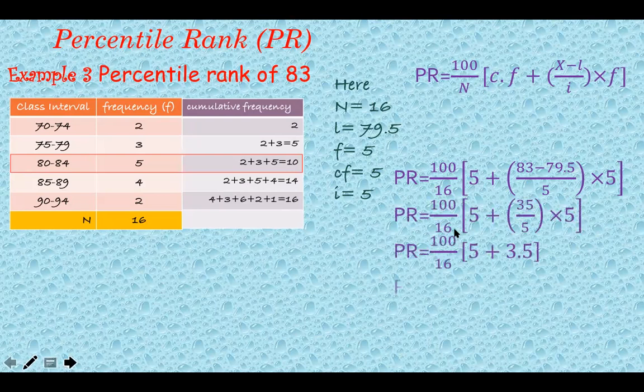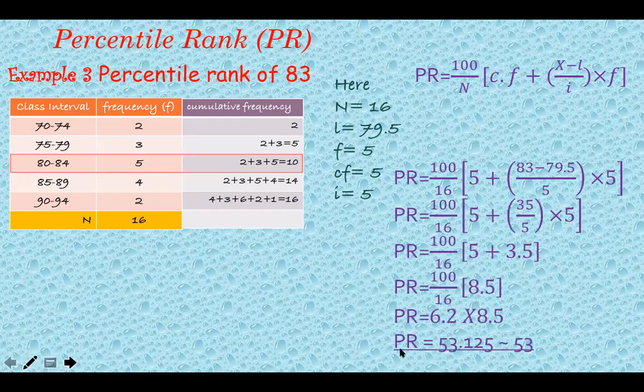Now when we do the calculations, we find that the percentile rank comes out to be 53.125. Okay, here after the decimal point there is 1 which is less than 5, so I round this figure down, that is 53. It will be only 53.